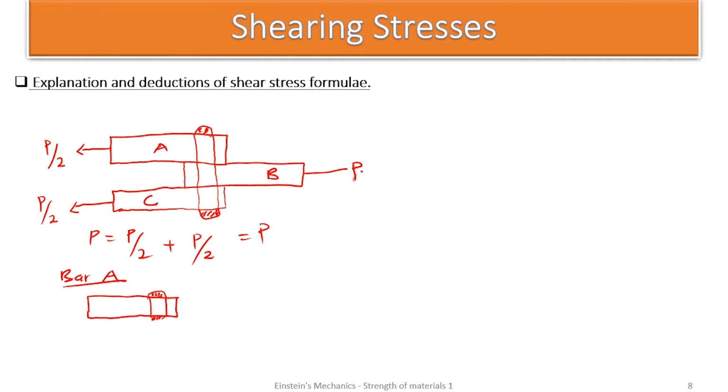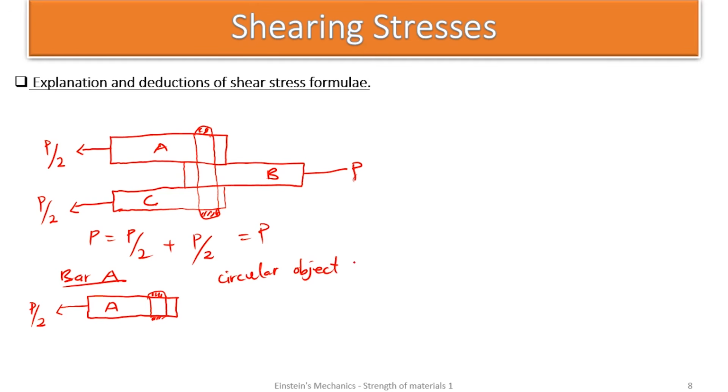And if this force is enough, it will break the rivet, and there's going to be sliding, and because of the sliding, the shear stress will be induced. And if I want to use bar A to calculate the shear stress in bar A, I'm going to consider this force. Now it's P on 2, half of the force, and the area, maybe the rivet will be a circular object.